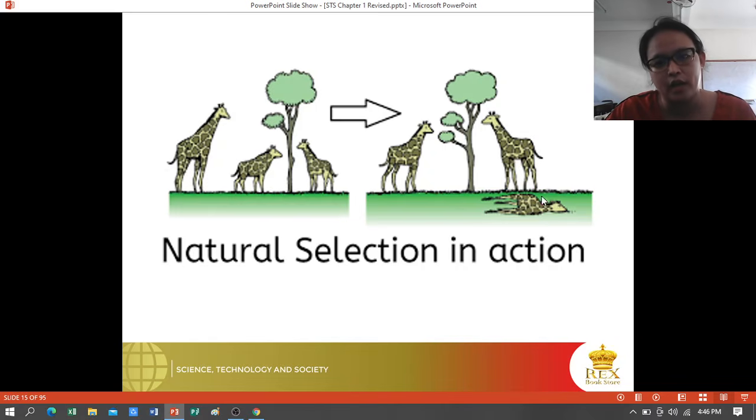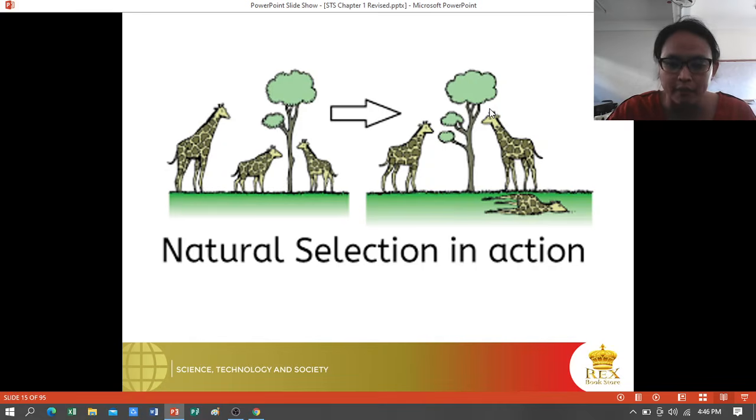Okay? Of course, this gene, which has the short neck, will not pass through to the other generation. So what will be passed to the other generation? Those with long necks, because they are the only ones that survived.